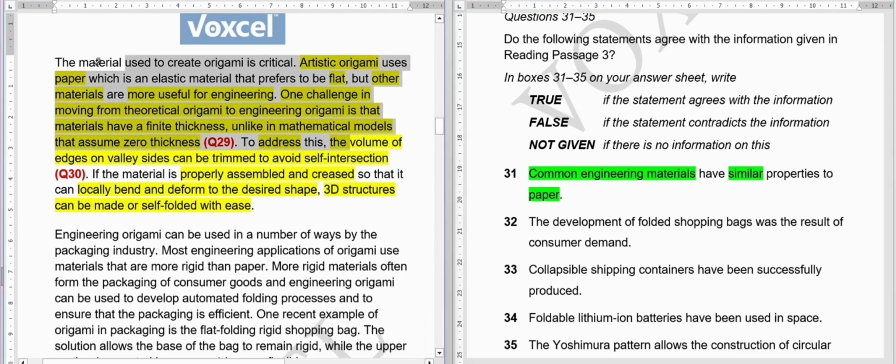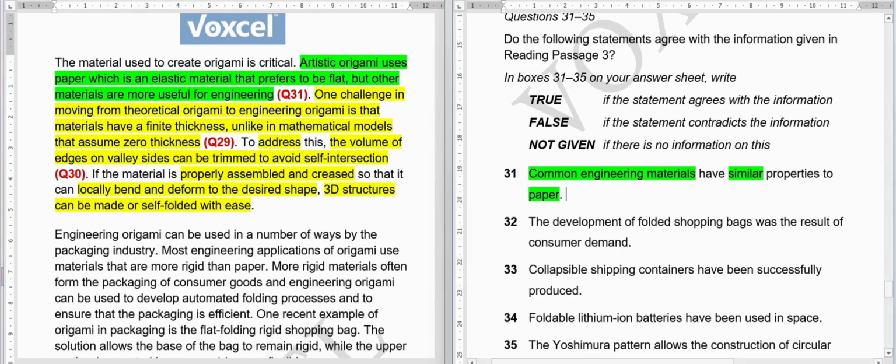So here is the mention of uses of paper, which is an elastic material that prefers to be flat, but other materials are more useful for engineering. So here is the mention of materials for engineering, common engineering materials. So this is our location. So again, you will have around 10 seconds to tell me the answer to this particular question, and your time starts now.